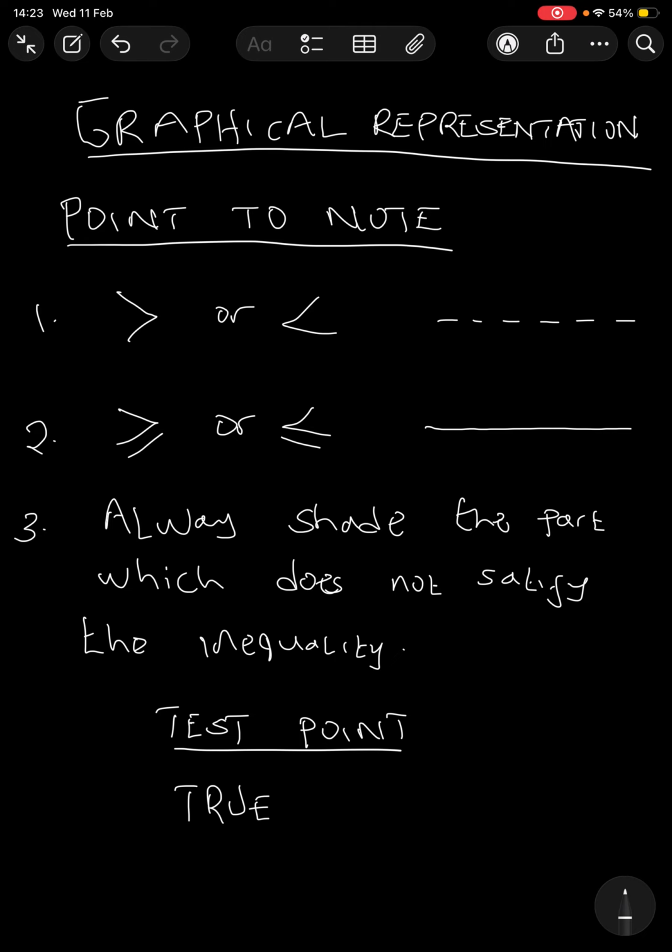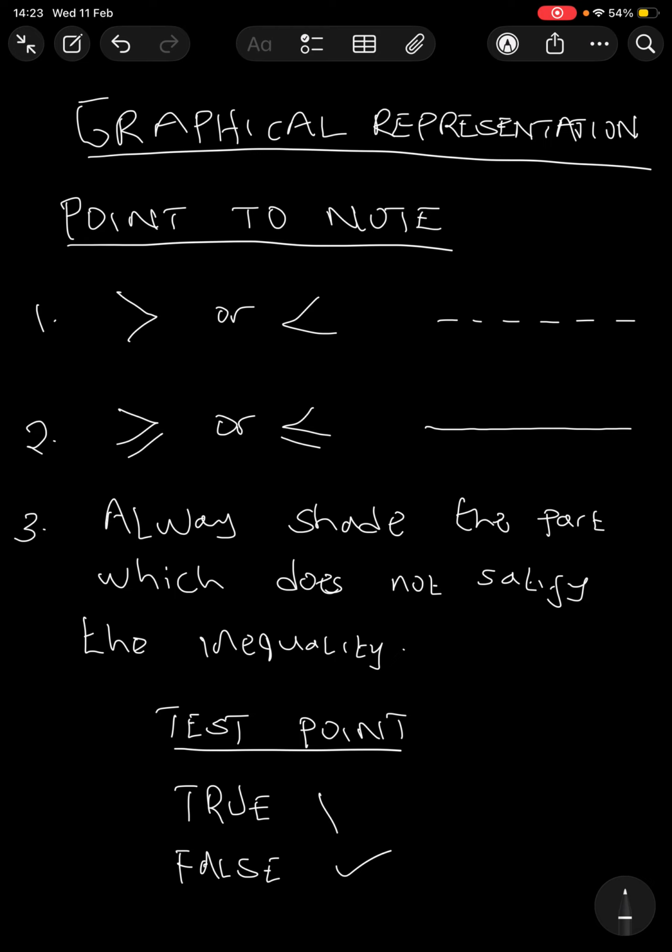You are testing the side which is true and the side which is false. If you identify that a side is false, you shade that side. False means that that part does not satisfy the inequality, but true means that that part satisfies the inequality.